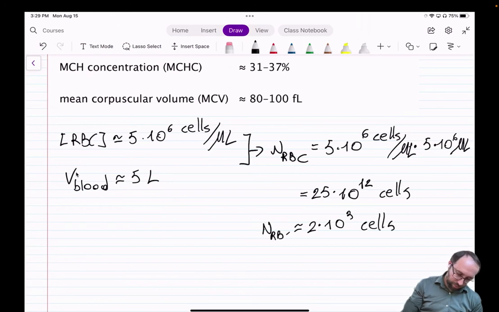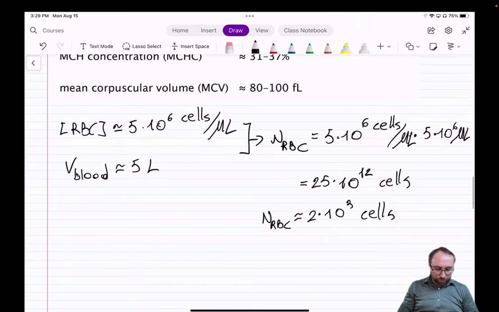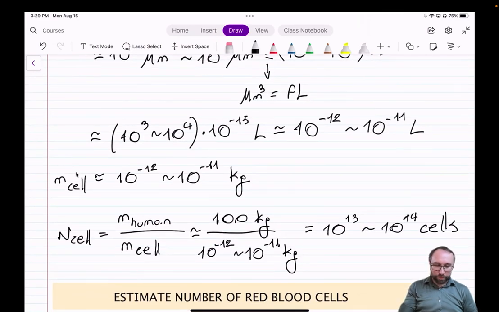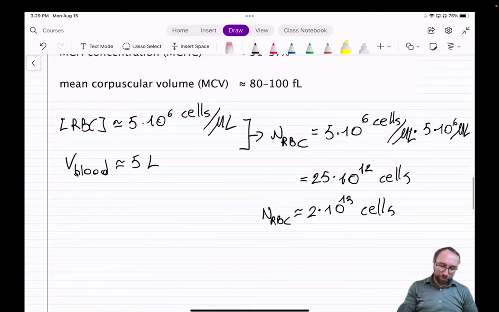So what is this telling us? That we estimated the total number of cells in the human body to be between 10 to the 13 and 10 to the 14. But out of those, 2 times 10 to the 13 are red blood cells. So most of the cells in the body are red blood cells.